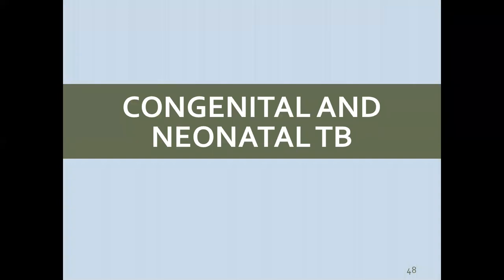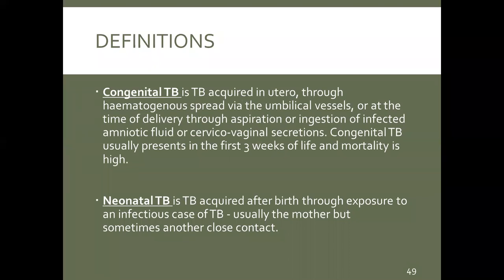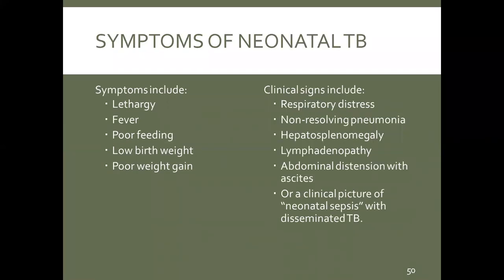If we talk about congenital and neonatal TB, congenital TB is acquired in utero by spread from the umbilical vessel or at the time of delivery through aspiration of infected amniotic fluid. Congenital TB usually presents in the first 3 weeks and mortality is very high. Neonatal TB is acquired after birth through exposure to an infected person, usually the mother, but the patient can get it from other close contacts.